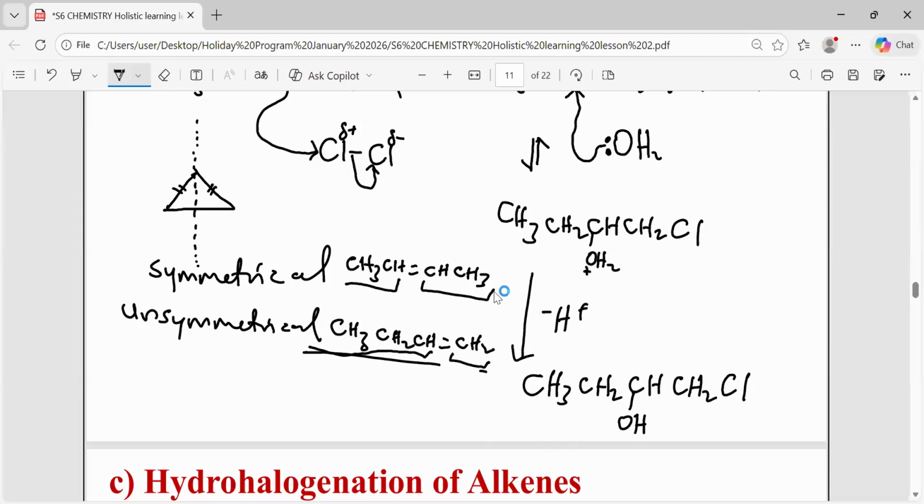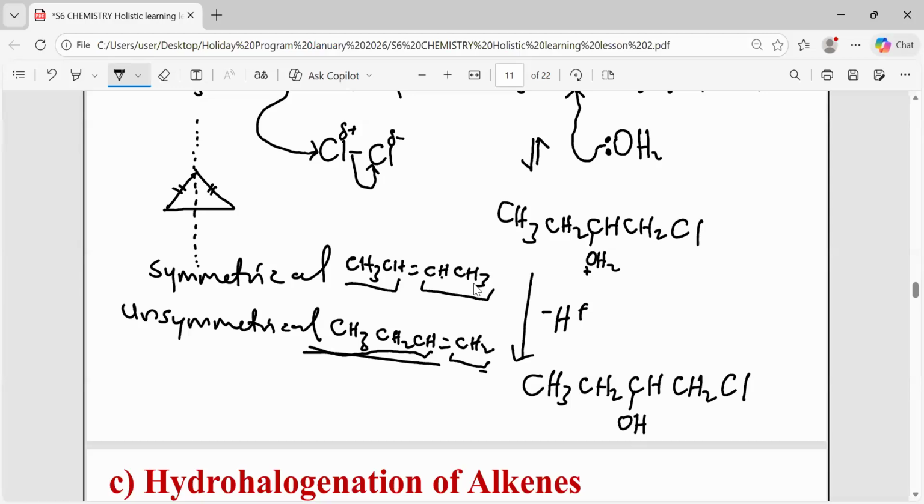So we say that Markovnikov's works on unsymmetrical alkenes, while for these ones which are symmetrical, this carbon atom and this carbon atom have the same number of hydrogen atoms. So when you are adding, it can add on any side it wants. Have you made some analysis on that now?